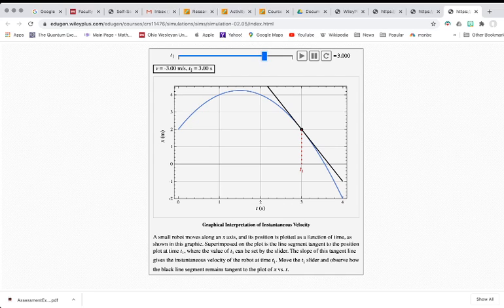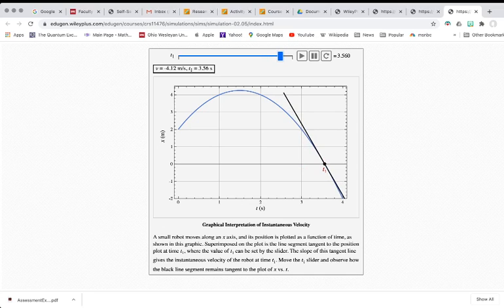Okay? Here's another question. Which way is this particle, remember it was a bead on a wire, which way is it moving when it passes through the origin? We need to be able to answer that from this graph. Well, you've got to find the velocity when x equals 0. Let's see if we can get it.